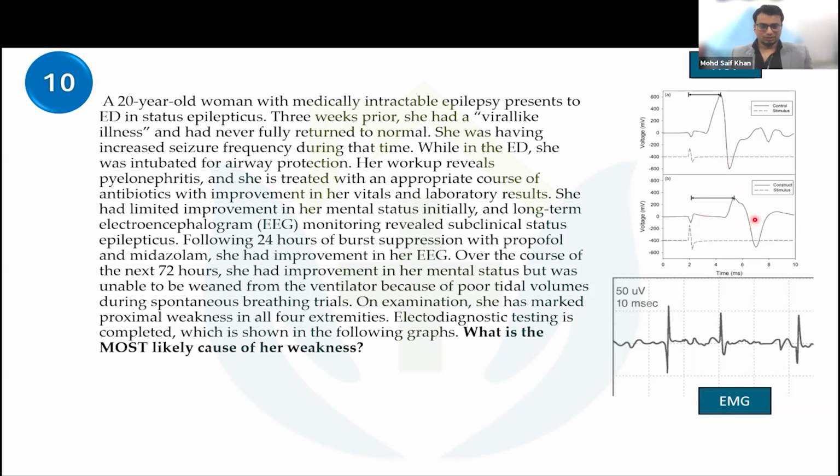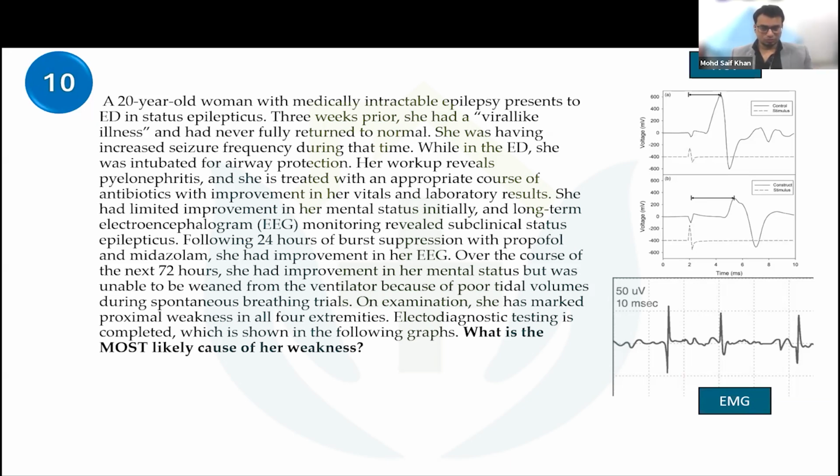So both delay and suppression in the voltage are there in NCV, which is suggestive of neuropathy. And EMG is also showing something called spike potentials. So this year you have to study a little bit of nerve conduction and electrodiagnostic testing in neurology. That is very interesting.